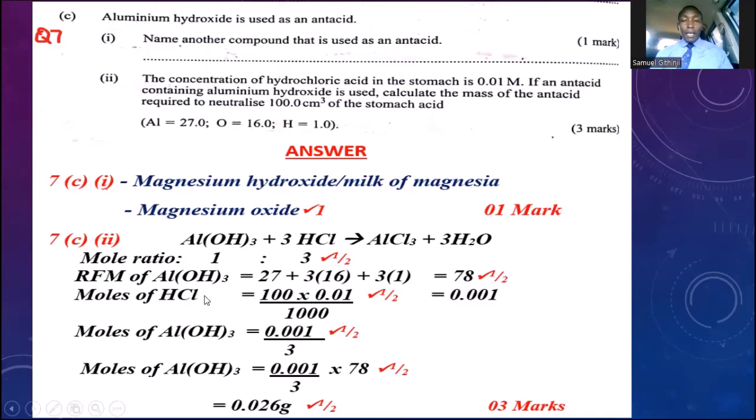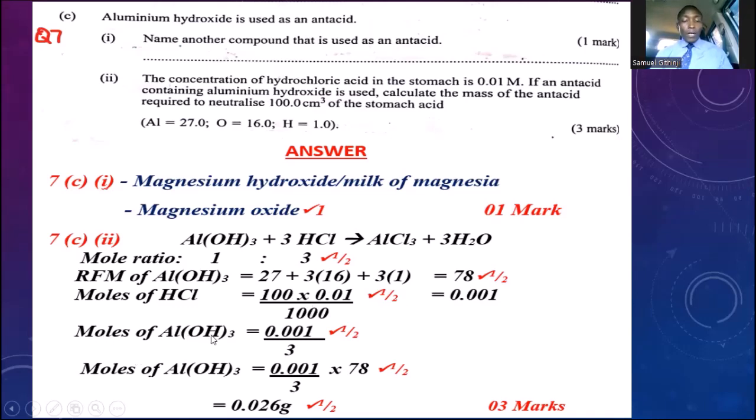Moles of HCl, using the formula or using first principles, 1,000 has 0.01 mole. What about 100? By working that out, you get the number of moles. Remember, it's not a must, I see the answer here, but I must see the working. Half a mole.